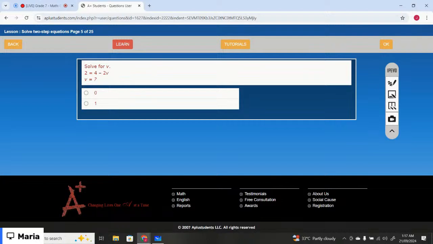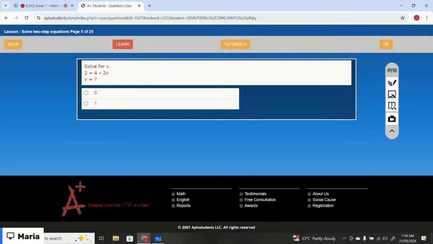Solve for b. Which is the correct option? That is b equals 1.